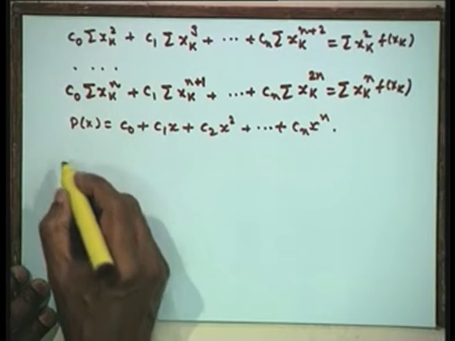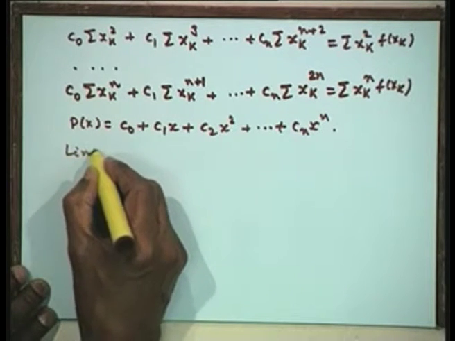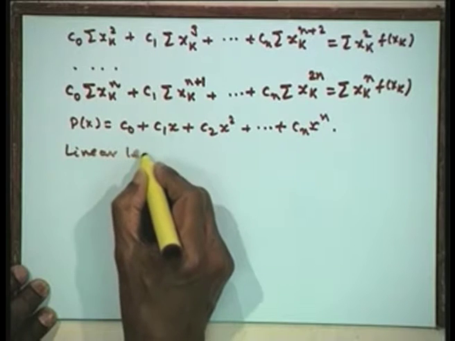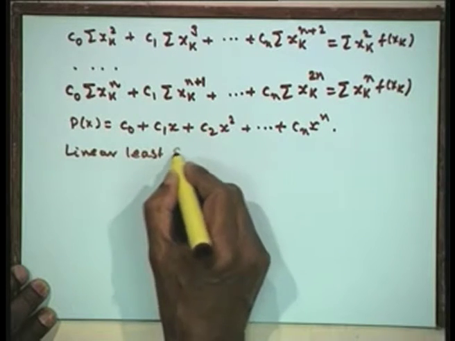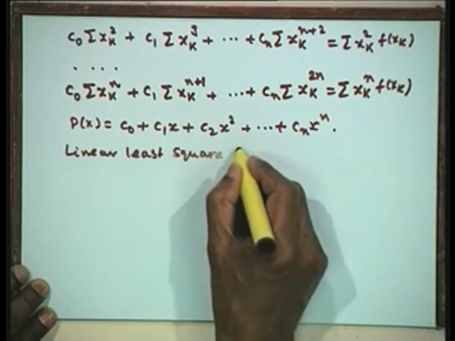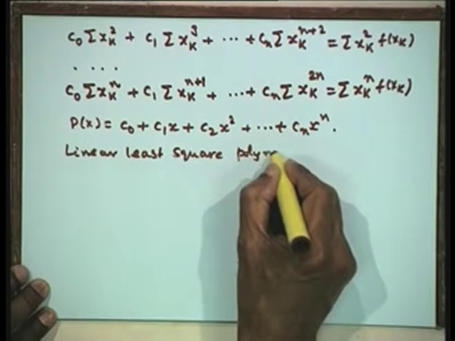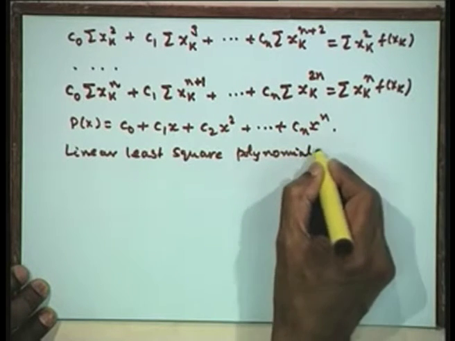Let us take the linear case. From here, let us just write down the linear least square polynomial approximation.